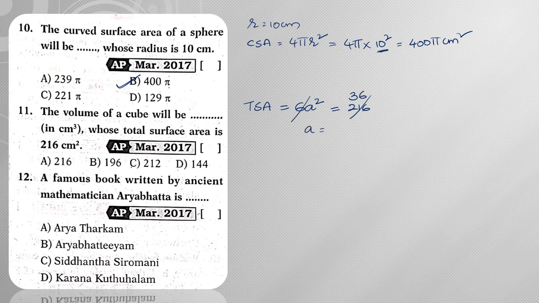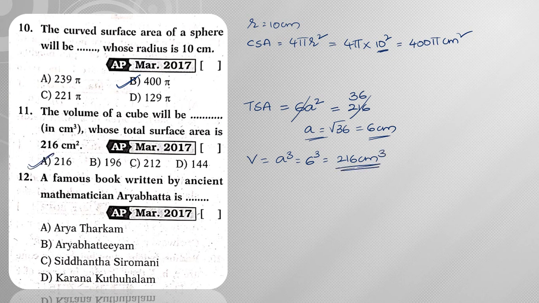So a is equal to square root of 36, which is equal to 6 centimeters. The side is 6 centimeters. When the edge length is 6 centimeters, the volume of that cube is given by a cube, which is equal to 6 cube. So 6 cube is 216 centimeter cube.